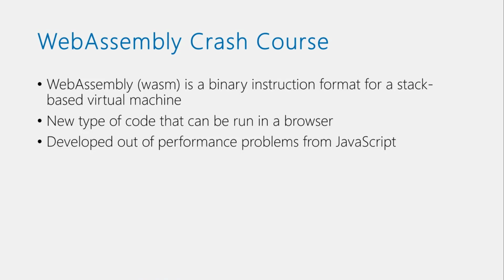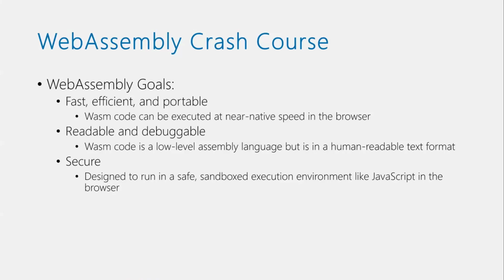The whole reason they developed this is because they noticed that when you're doing mathematically intensive computations in JavaScript, like 3D rendering and 3D calculations, JavaScript doesn't excel at that. So what's nice about WebAssembly is that it provides near native speed.